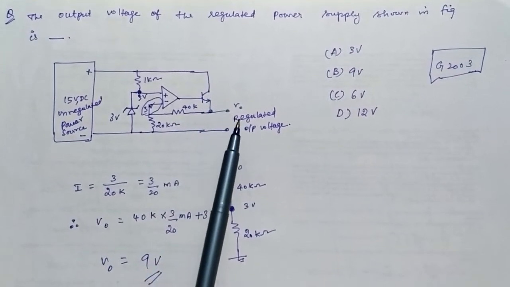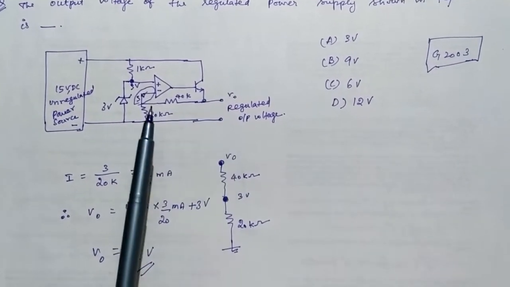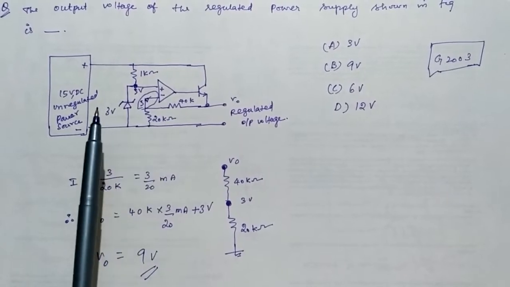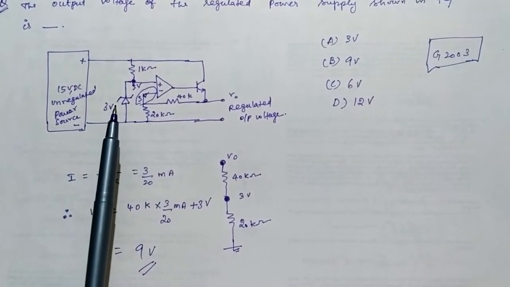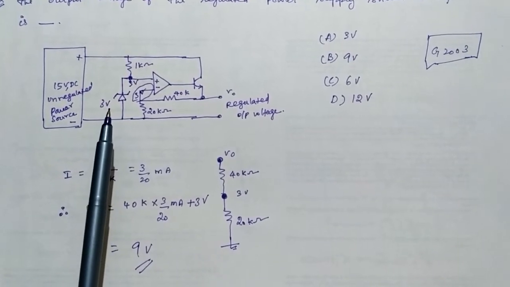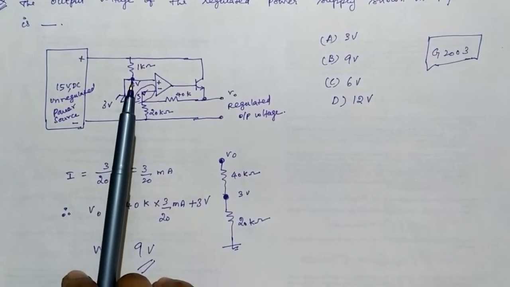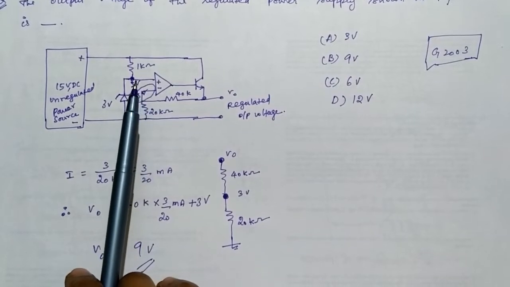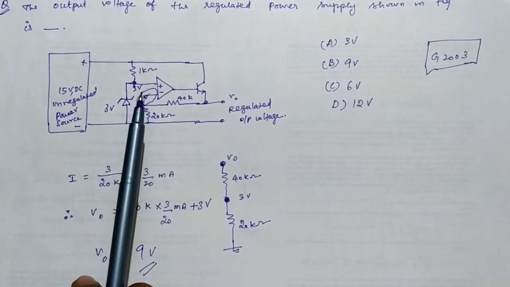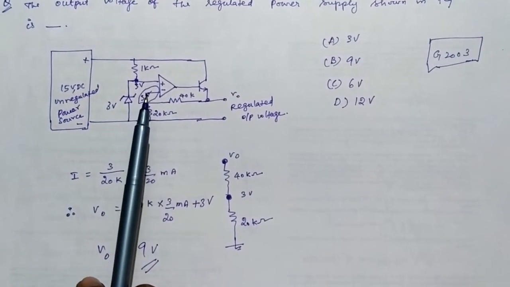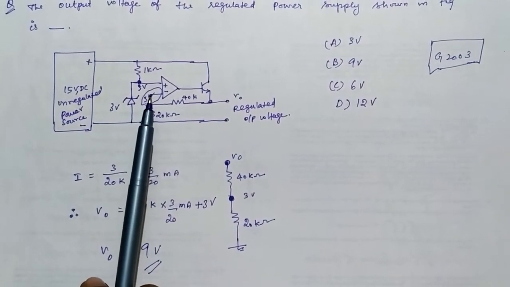The output voltage of the regulated power supply is what? That is the question. Here this is a Zener diode having a regulated voltage of 3 volt. So this terminal, the non-inverting terminal, has 3 volt, and as per the ideal op-amp this voltage is also 3 volt.